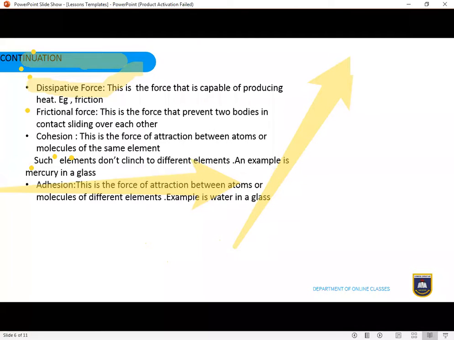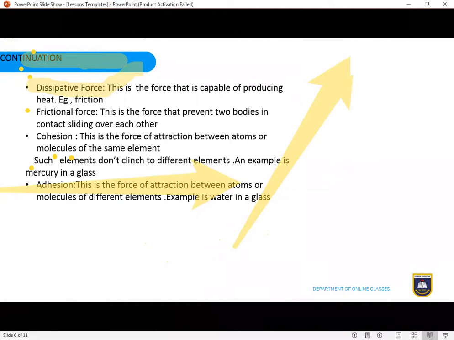So you see that there's going to be a separation at the surface. You see the mercury leaving that surface, leaving a gap in between the glass and the mercury surface. There's going to be a big separation between the mercury and the glass, because they are not reacting. They are having different elements.